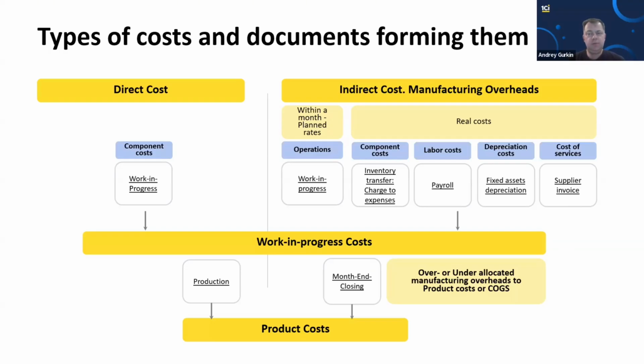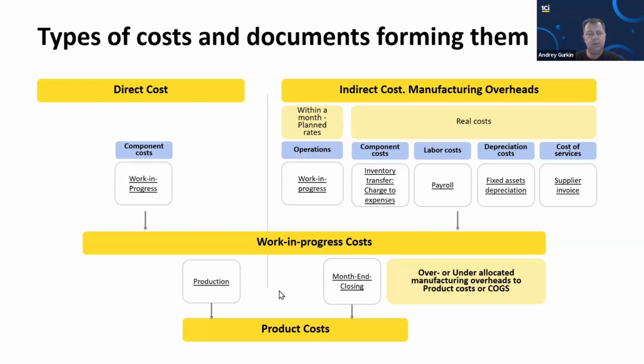So if you're registering some incoming services from suppliers, and those expenses should go not to inventory, like for example landed cost, but not to the direct cost, but to the overheads.